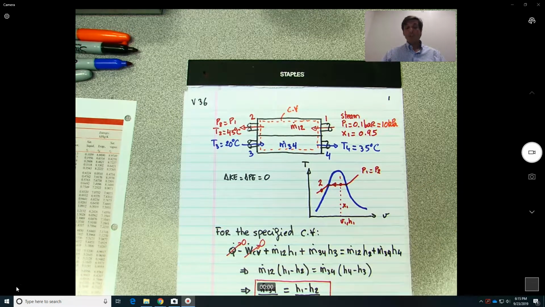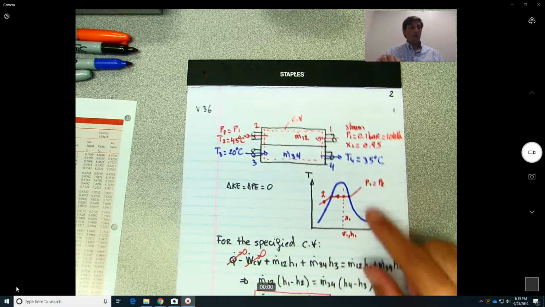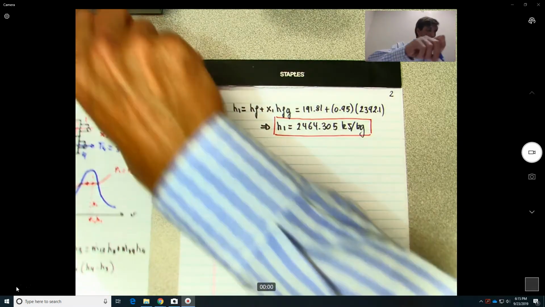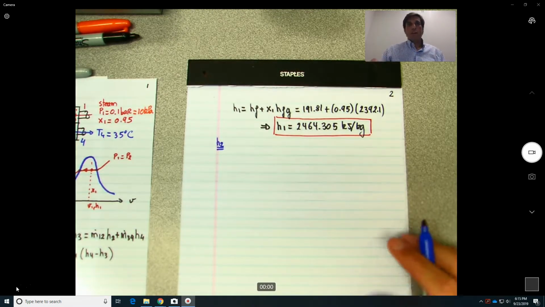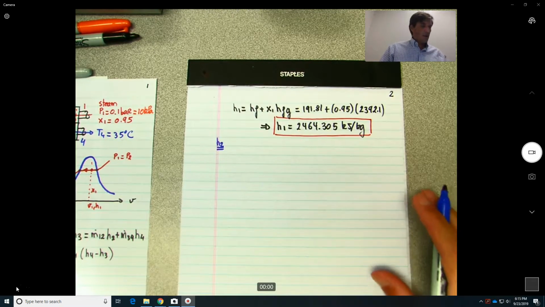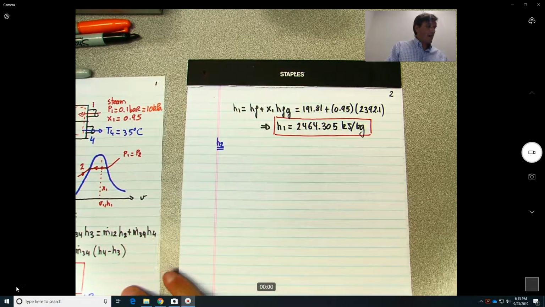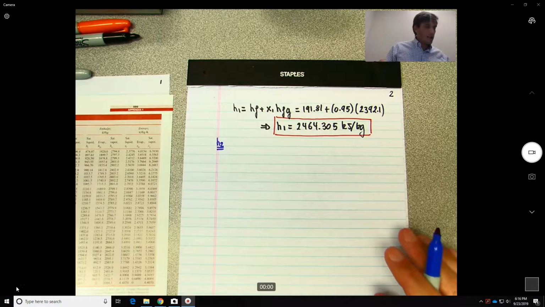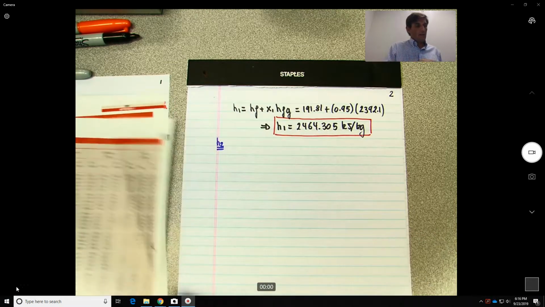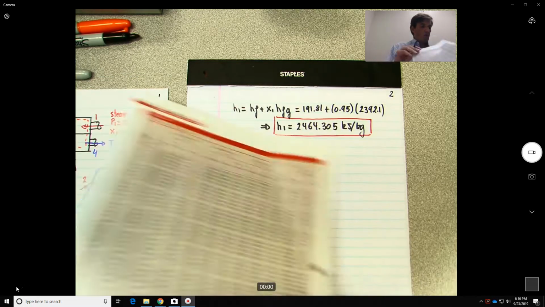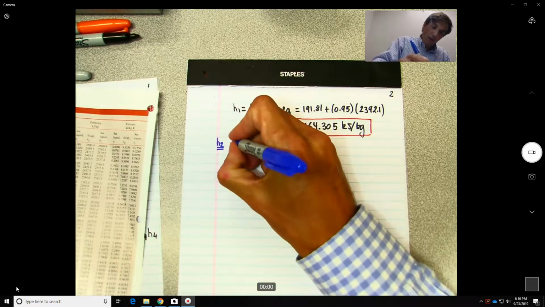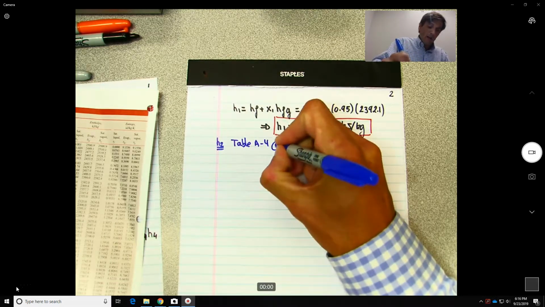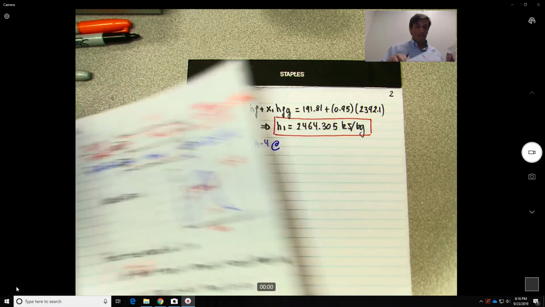Okay? So we need to go then to the table over here for the temperature. So what will be that table? We use table A5, so it's probably table A4. There we go. So basically we go to table A4. We need to look at the temperature.